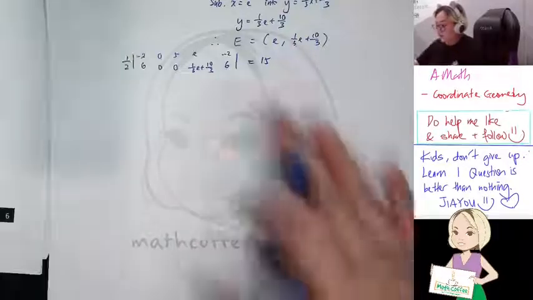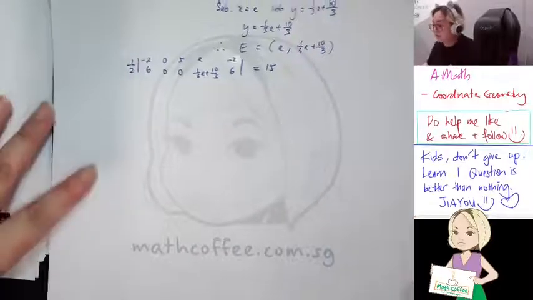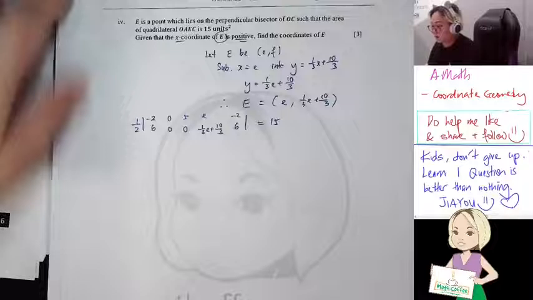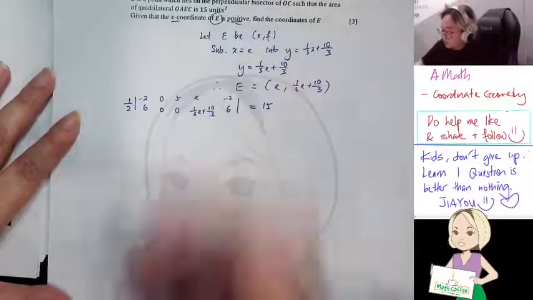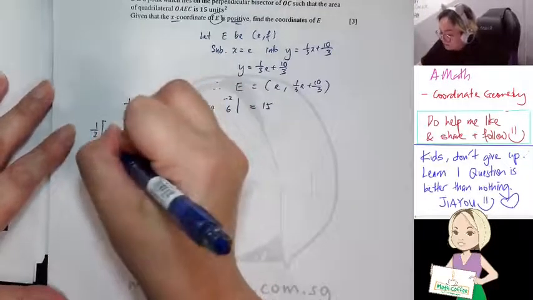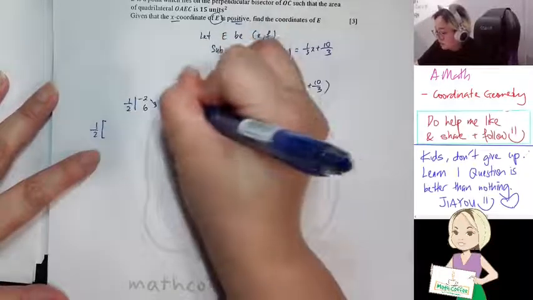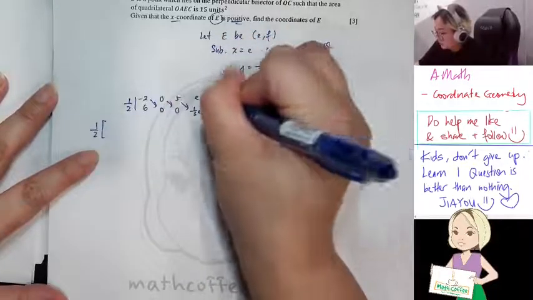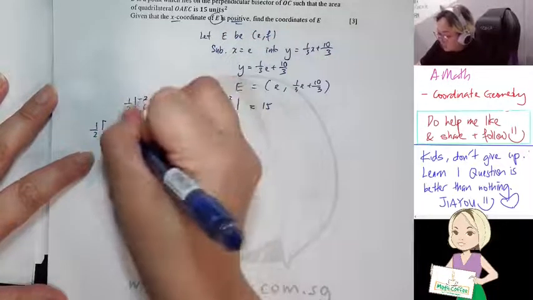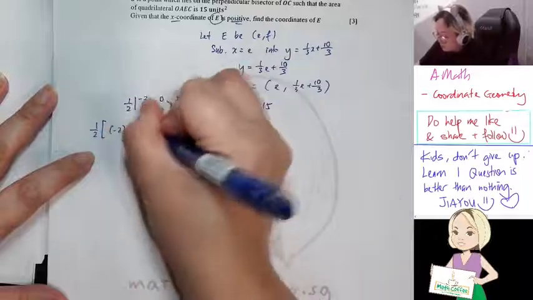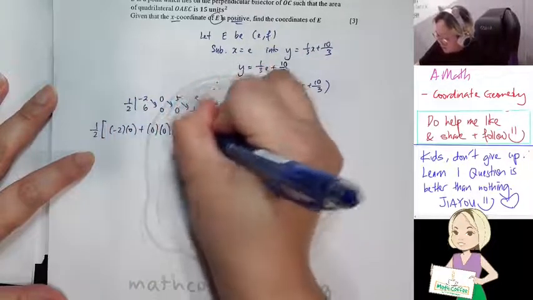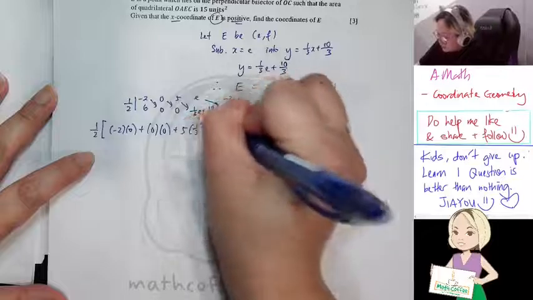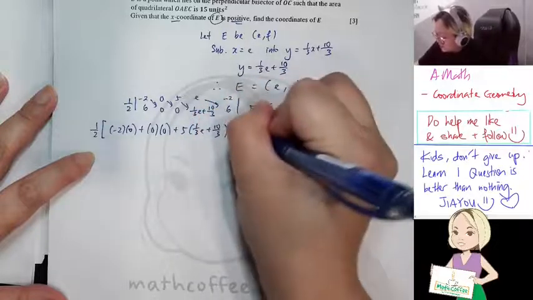This is a tedious way of solving it, because we have to be careful as it involves fractions. So I will have half, again this direction first: minus 2 times 0 plus 0 times 0 plus 5 times 1/3 E plus 10 over 3 plus 6E.